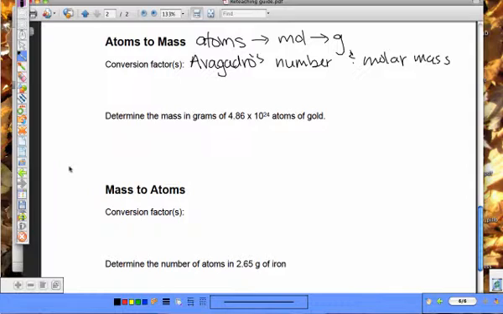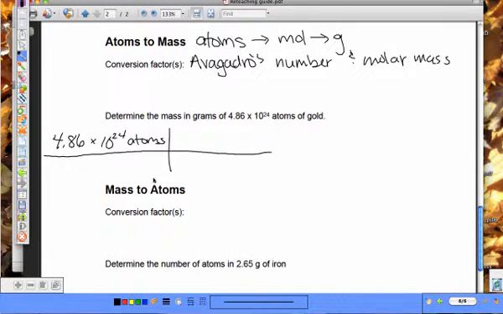So if we're going to determine the mass in grams of 4.86 times 10 to the 24th atoms of gold, we know we have how much gold? Oh, we forgot to write this up here.